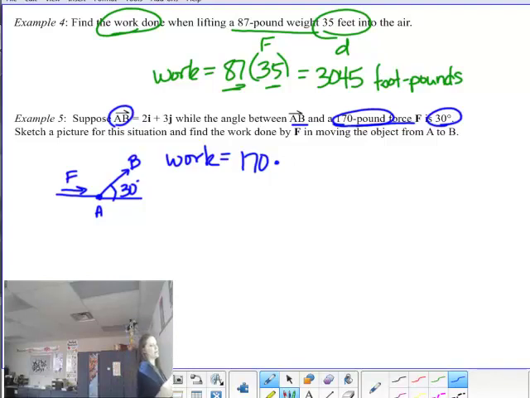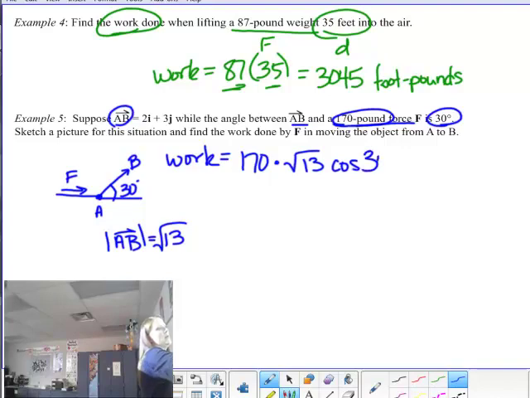So how far is AB? Well, the magnitude of AB is simply the square root of 2 squared plus 3 squared, so 4 and 9 is 13, and we would have the square root of 13 times the cosine of the angle in between them.